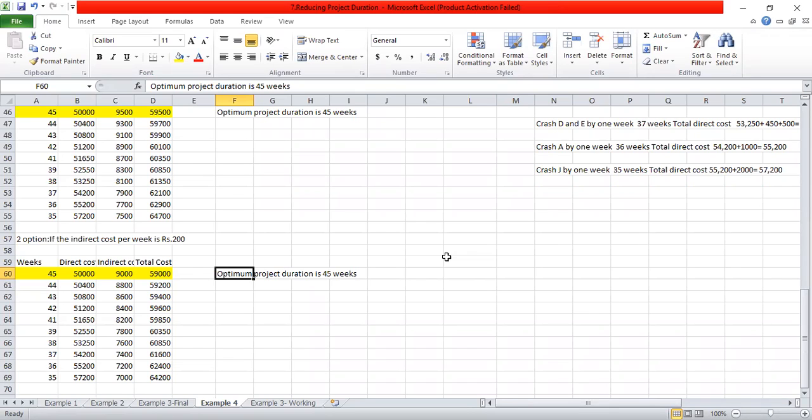Performance evaluation is also based on calculation, and project risks and project closure are based on theoretical aspects, right? So we have now covered quite a lot of the project management subject.